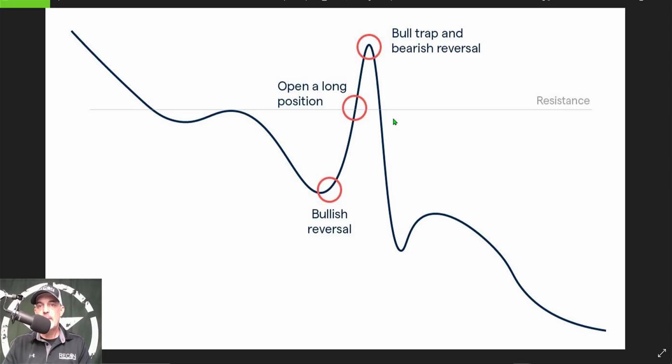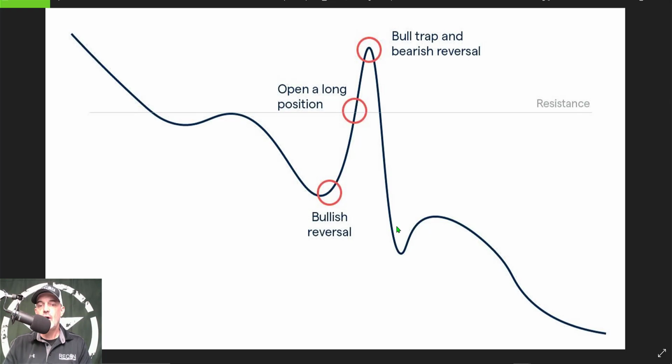And again, I'll refer back to the graphic. We get a sell-off, we get a bounce into resistance, we get further sell-off, and then we get the bullish reversal and the breach of that prior resistance. That would be where the bulls start opening their long positions, and then we end up rolling over and selling back off.